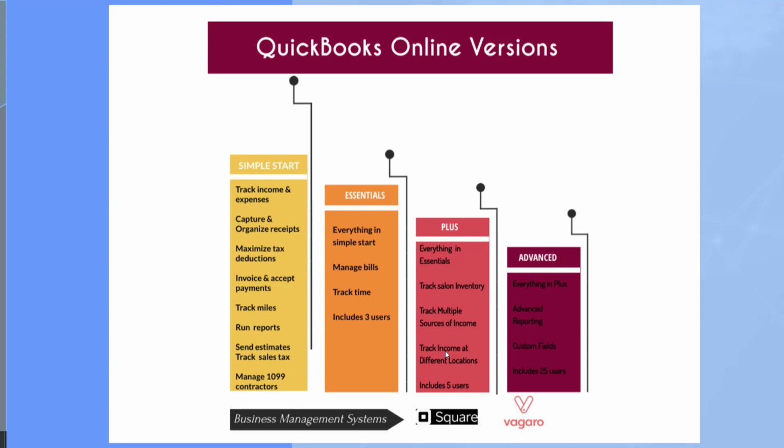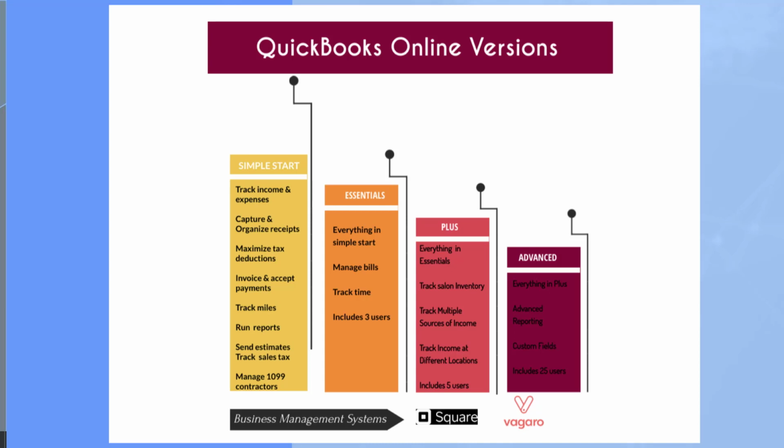Also, if you want to track your salon inventory, you can only use QuickBooks Online Plus. Of course, Advanced also allows you to do all of those things as well. But there are other things, and because of the price points, I always suggest going with Plus, because QuickBooks Advanced, as of today, I believe is $150 a month. Whereas Plus is, I want to say, maybe $55 or $60 a month.